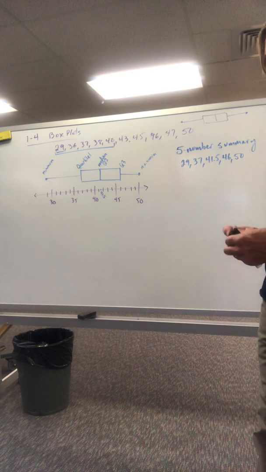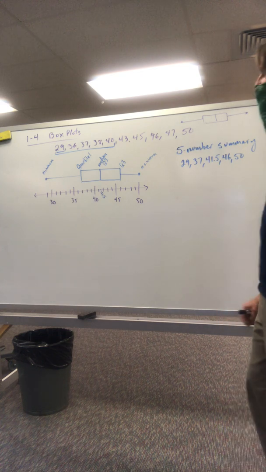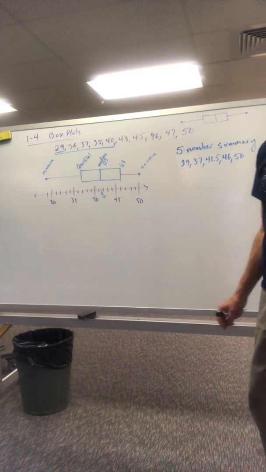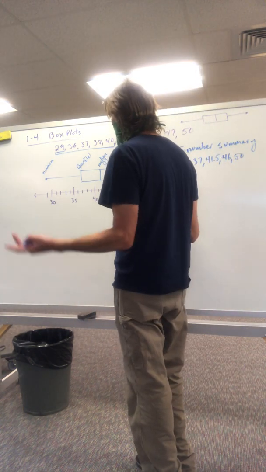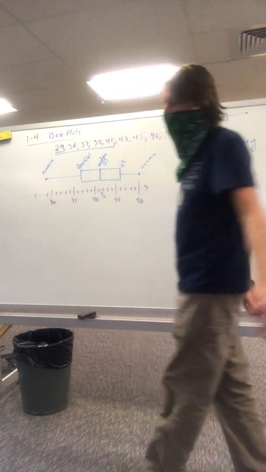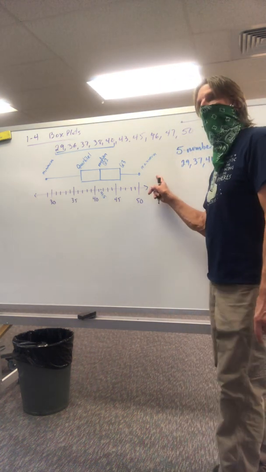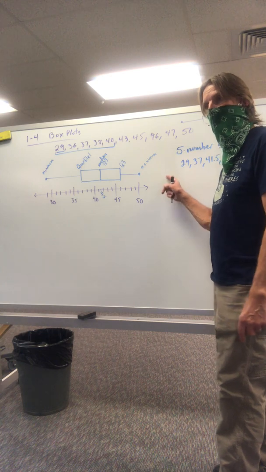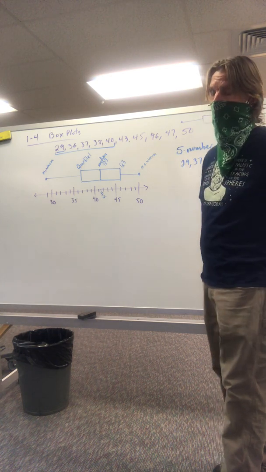So far, so good? Straightforward? It's real elementary. We've seen a fair amount of it already, just now we're naming it a little bit differently. Okay, then, in working with this and taking a look at the spread, you may recall in the past we've said sometimes there's an outlier and it's not a part of the box and whisker plot, it's just this dot, this piece of data that doesn't fit the rest of the data.